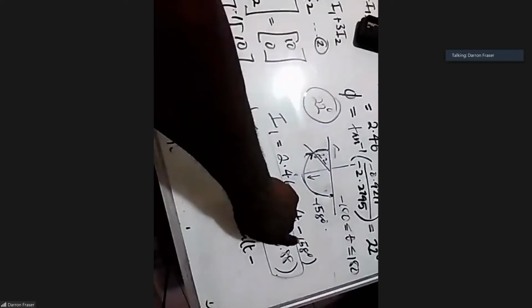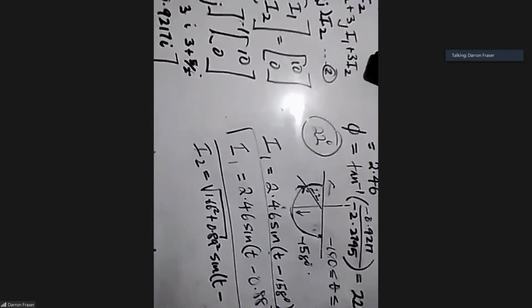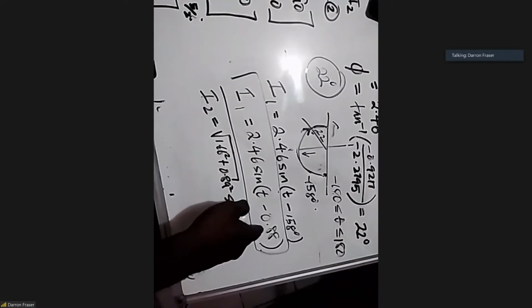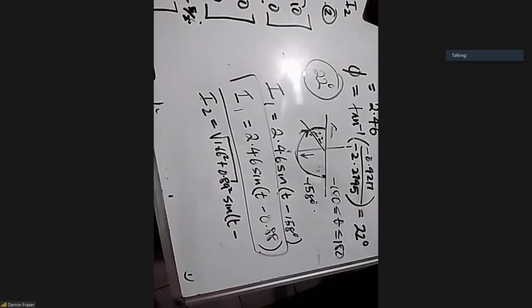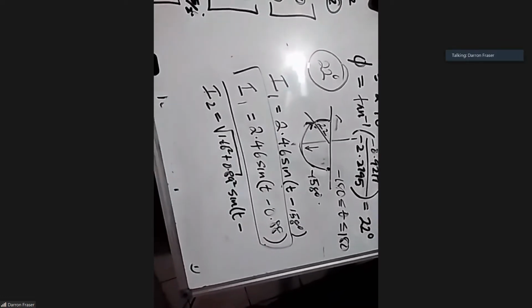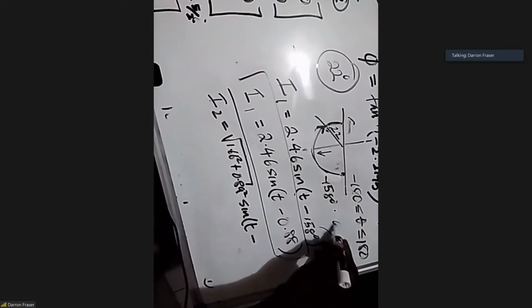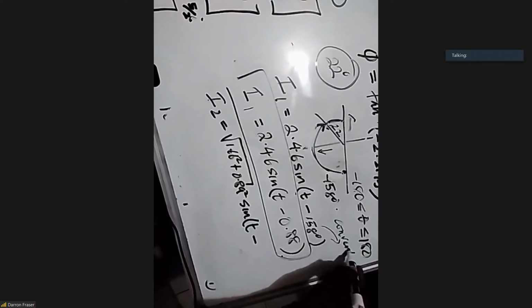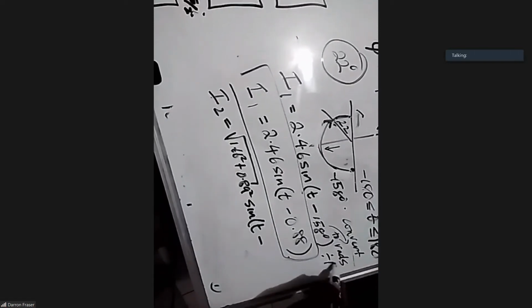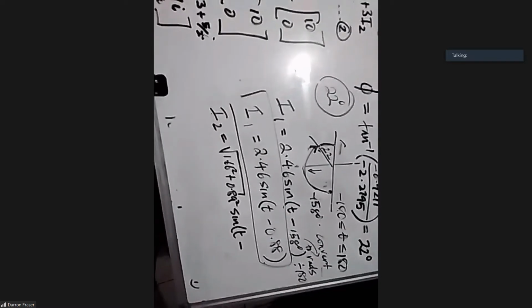So we convert this to radians by dividing the 158 by 180.